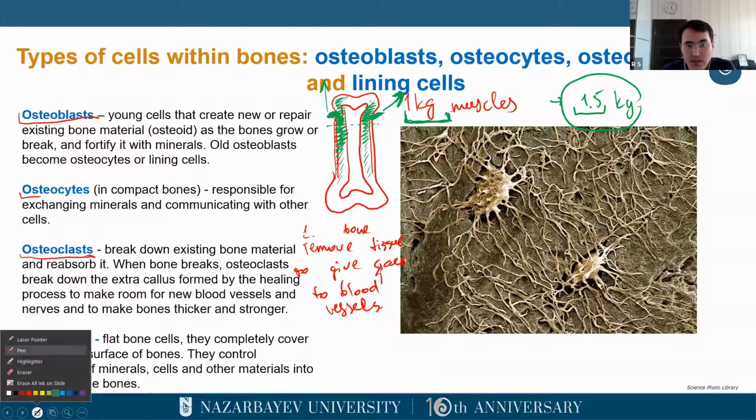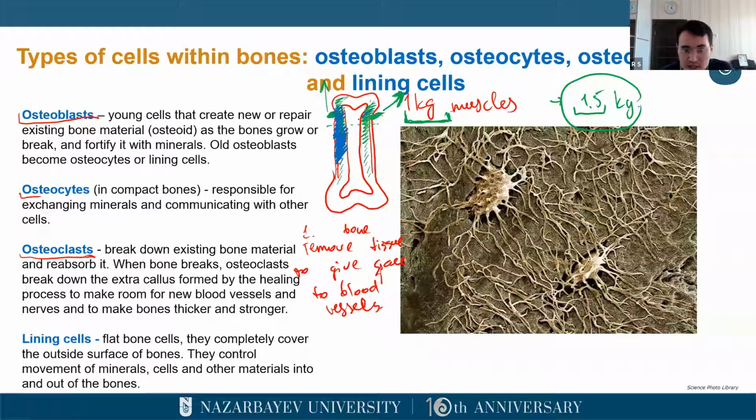Okay, so the new bone most probably will be a little thicker, and the inner structures like trabecula, etc., will also be recreated because of this new functioning of the muscle. So this is about the osteoclasts and why they do that.